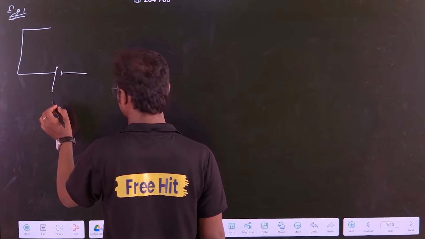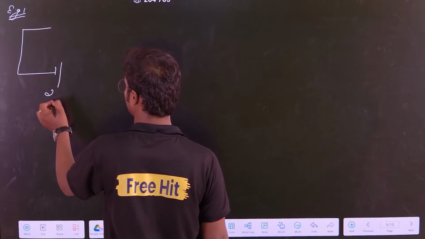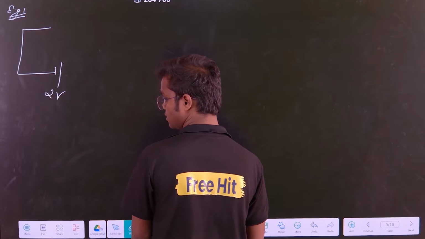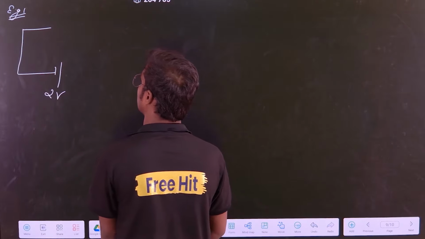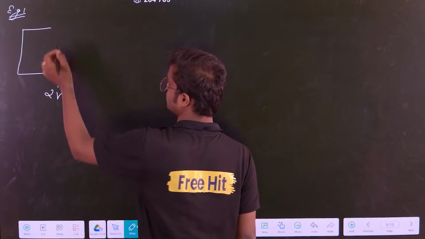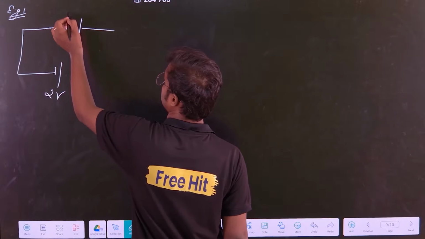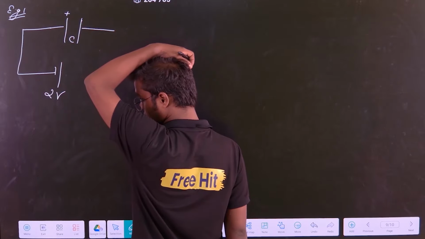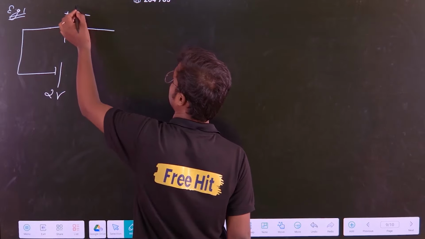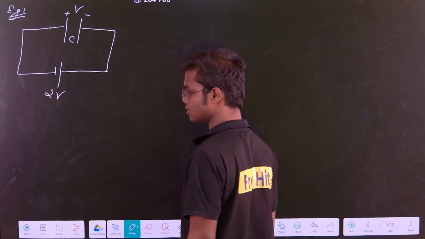So suppose this is some 2 volt battery, correct, and it is connected to a capacitor. Initially the voltage across the capacitor is, let us take it as V volt, and the situation is like this.